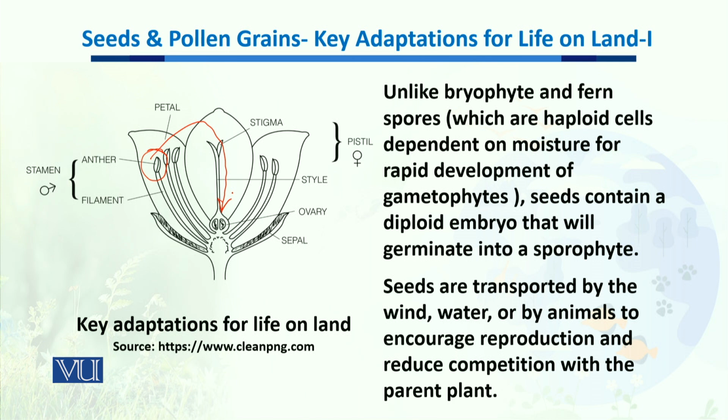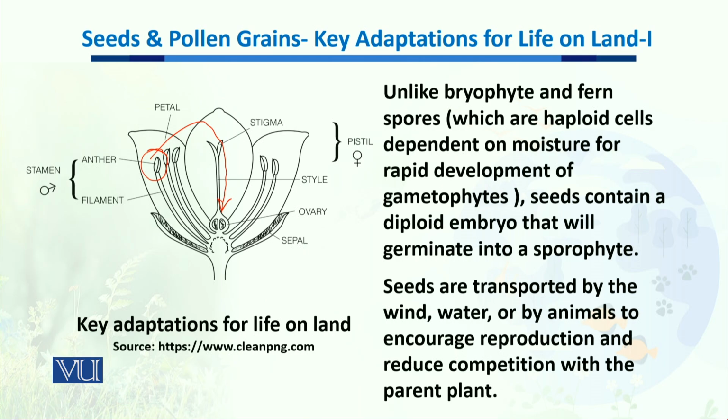Now, there are so many adaptations and methods which have been adopted by these higher plants in order to get their pollen to the female part of their flowers or their reproductive parts.